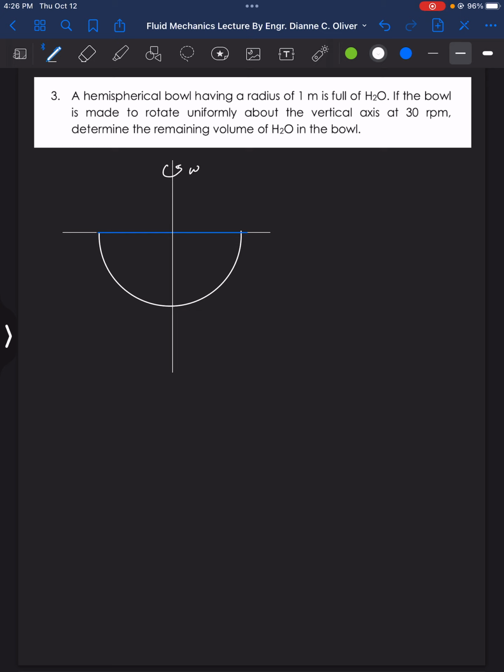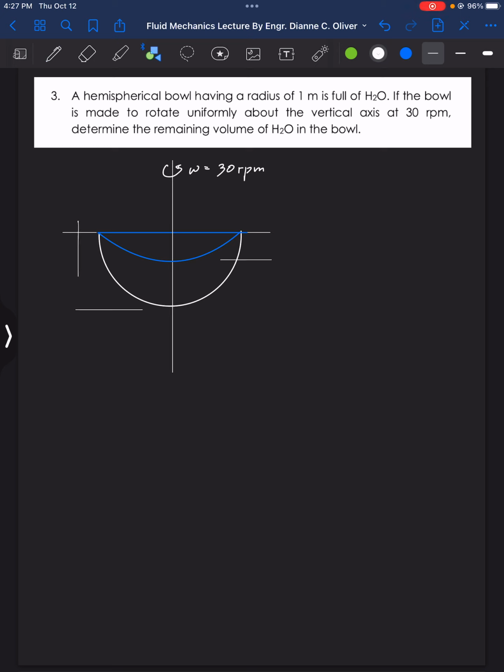So given omega is equal to 30 RPM. What will happen to our water? It will form a parabola. So what is the value for H?